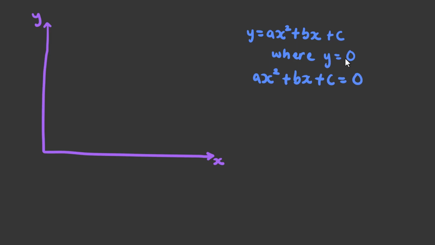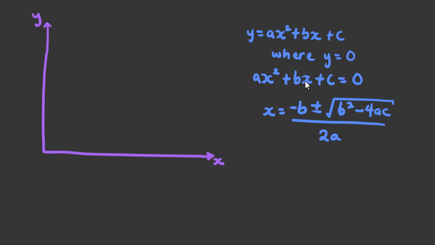This means we need to recognize that where y is equal to 0, we want the x values. By solving for x, we use the quadratic formula: x equals negative b plus or minus the square root of b squared minus 4ac, all divided by 2a.